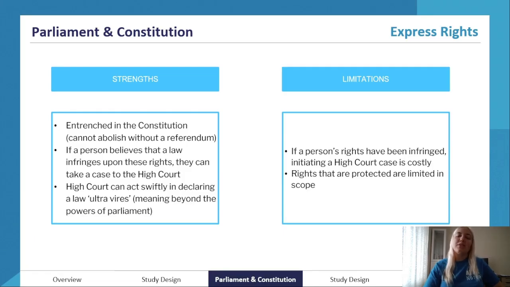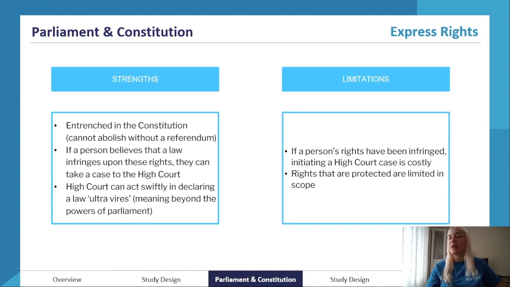There are some limitations with initiating cases through the High Court, though. So, one is that you must have standing. If an express right has been breached, you must have been directly affected by that breach. If I was just an interest group or an activist thinking, oh, this law that Parliament introduced is horrible, it's affecting people's right to practice their religion, but it doesn't affect me directly, then I have no standing because I'm not directly affected by that matter, and I cannot pursue this in the High Court.